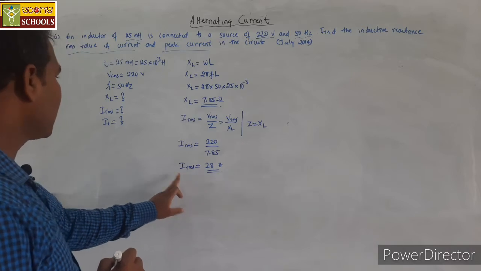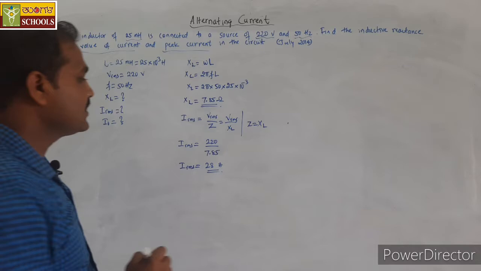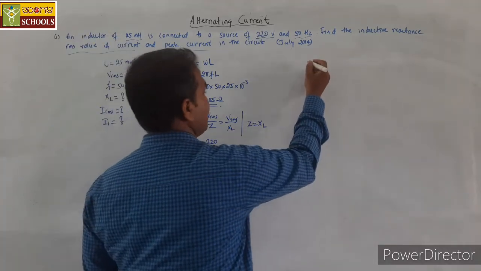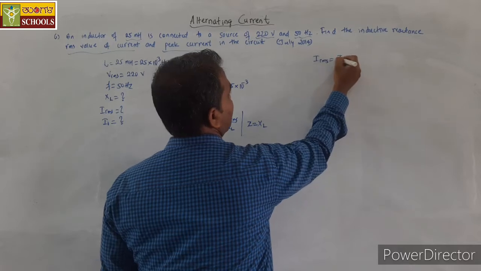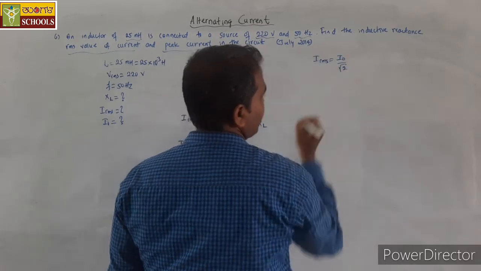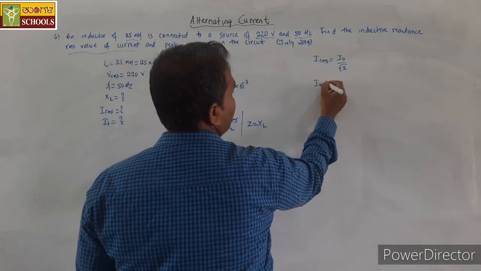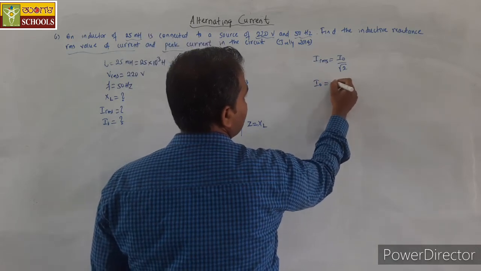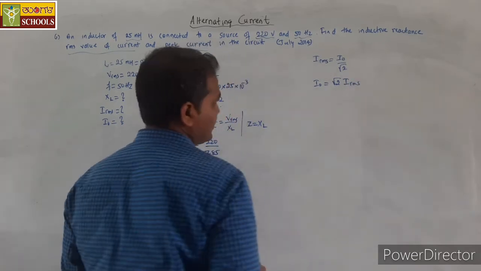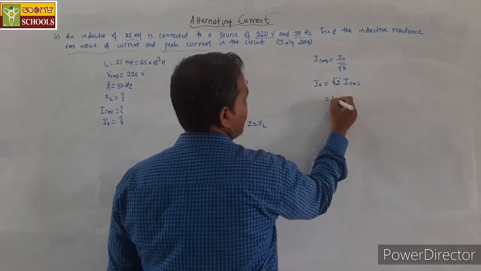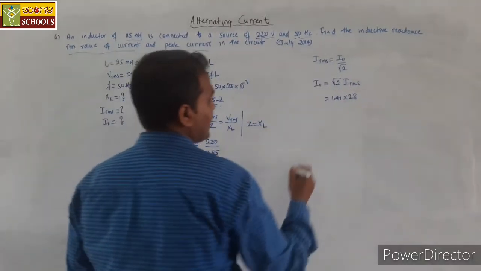Then using this IRMS, I can find the peak value of the current. We have the relation between IRMS and the peak value of current as IRMS is equal to I naught divided by square root of 2. So the peak value of current is square root of 2 into IRMS, that is 1.41 into 28 ampere.